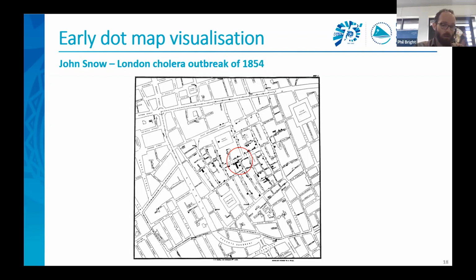And he noticed that there was a concentration around the little red circle. He removed the pump handle, and they found that the cases in that area dropped. That's when they first determined that cholera was a waterborne disease. So this is a very early example of where a spatial visualization was very successfully used, and this is talked about in a lot of textbooks today.